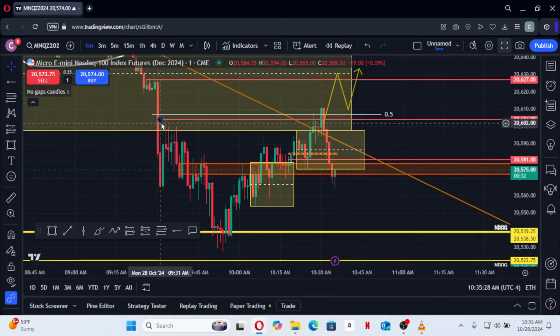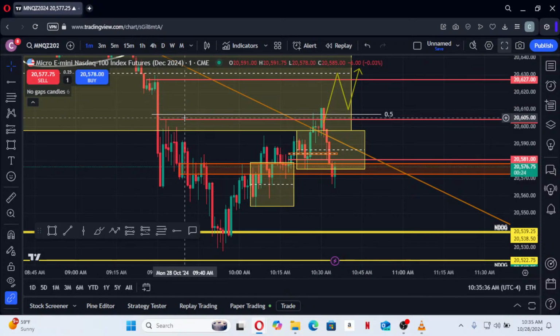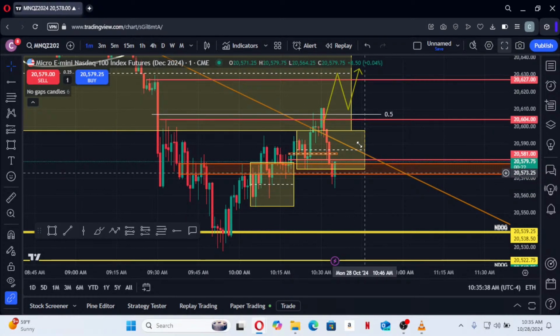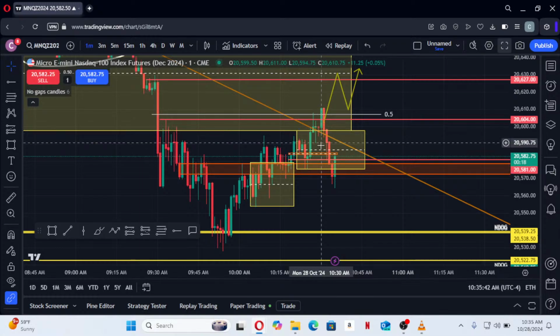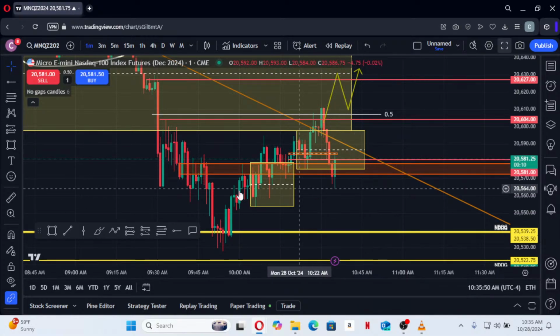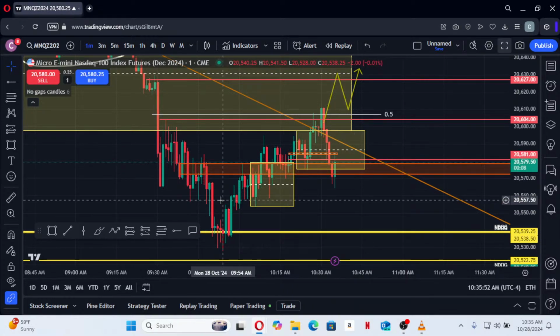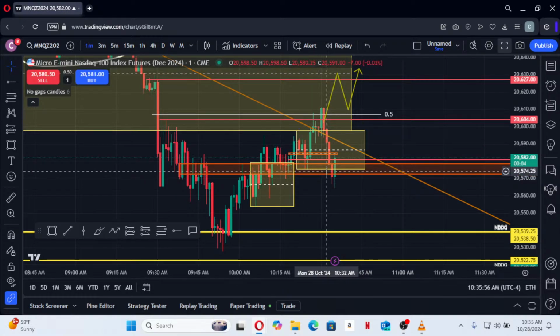Look what high it did. Swept. First it wicked this high, then we got to close above both of these highs, or quote unquote relative highs, before we continue. Came back down, but it didn't give you any entry to enter in here. So low, high, low.